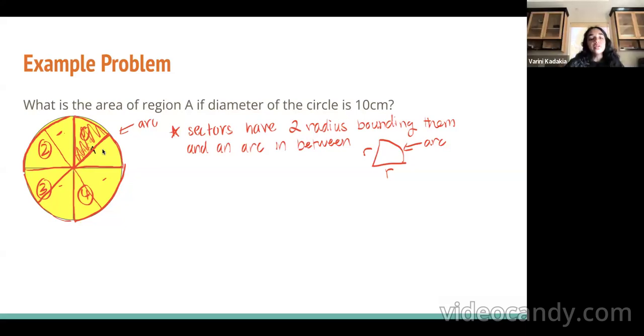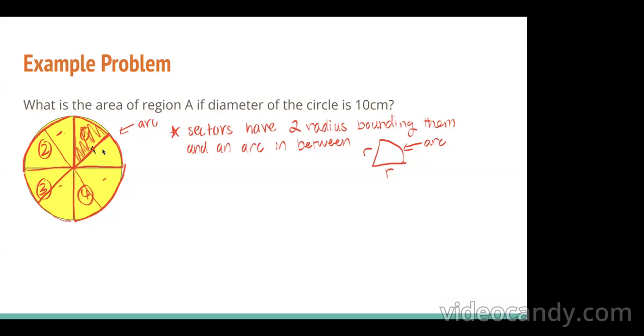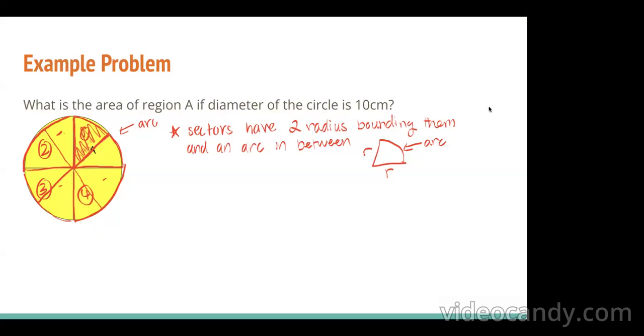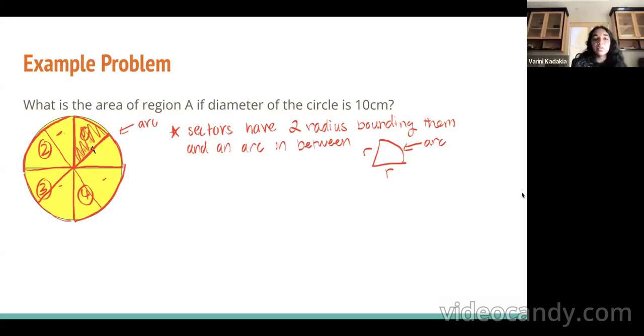Okay, so the way you find out how many sectors it divides the circle into is by using angles. So you know that the circle has a total angle of 360 degrees, right?